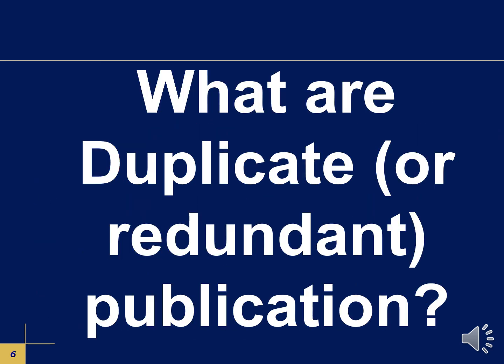Now let us focus on what is meant by duplicate publication. What are these duplicate publications? Friends, redundant publication, duplicate publication is publication of your paper that overlaps substantially with one which is already published in print form, maybe in electronic form also.